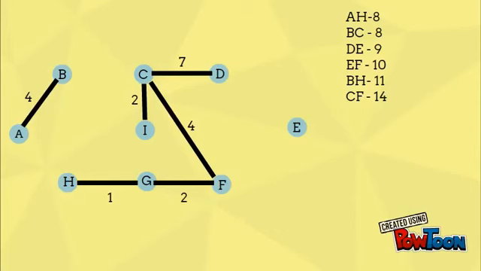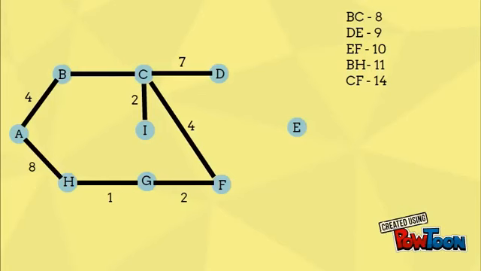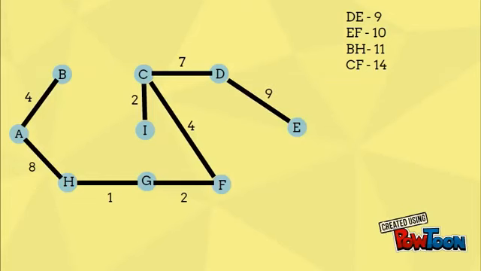Now we add edge AH to the graph as it has the least amount of weight from the remaining edges and adding it does not form a cycle. The next edge with the least weight is BC. However, adding this would form a cycle, hence we discard this edge. Now we take edge ED.